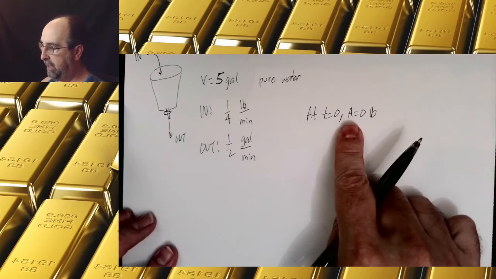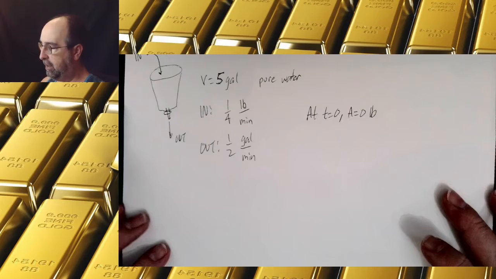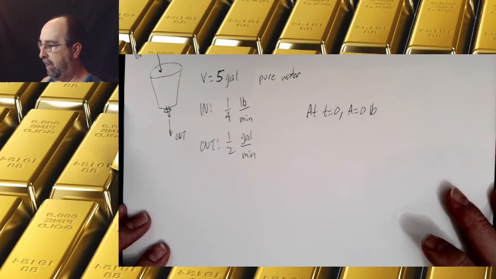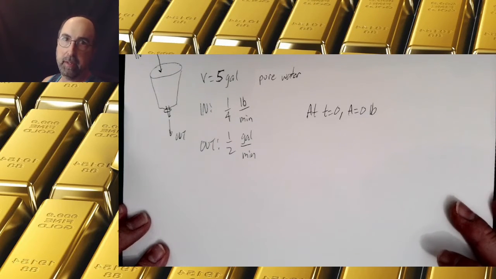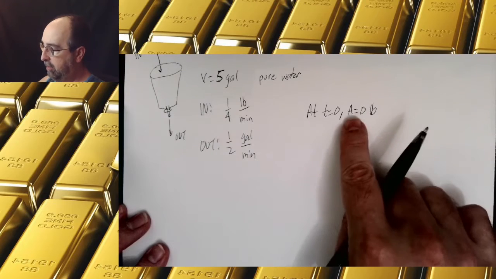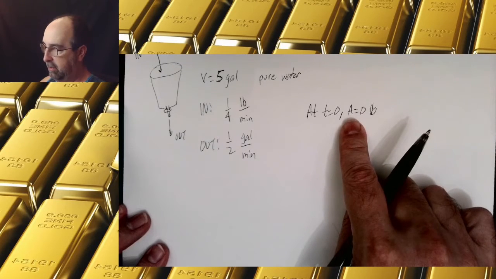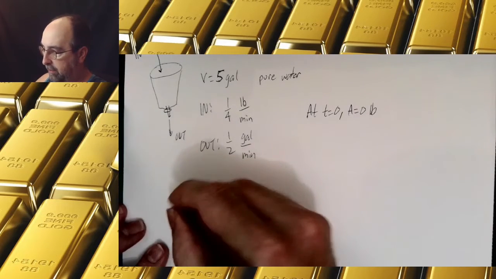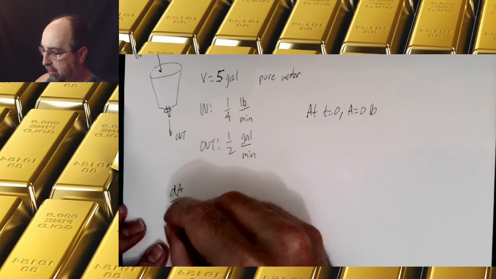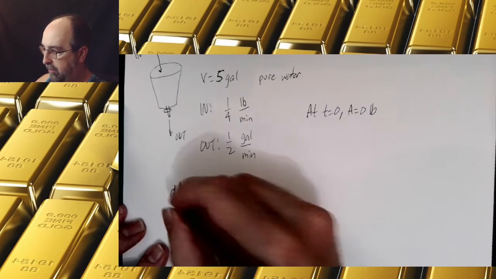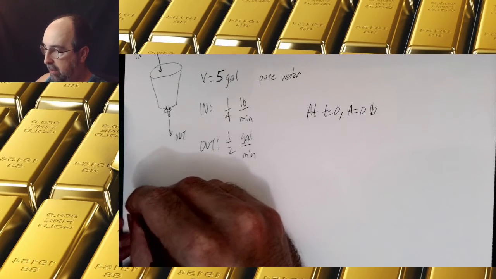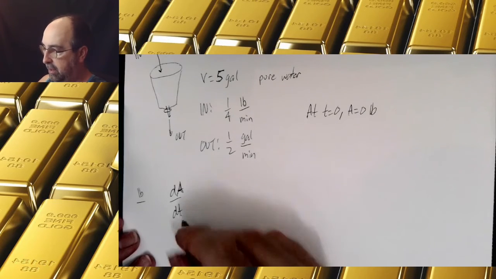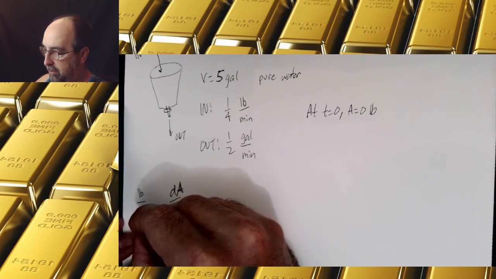So we're going to use big A to hold on to the amount of salt we have. And to solve using differential equations, we would want the rate of change of the amount of salt in the bucket. So that is going to be dA/dt that we're interested in setting up a formula for. I think that the amount of salt will be in pounds and the amount of time will be in minutes.